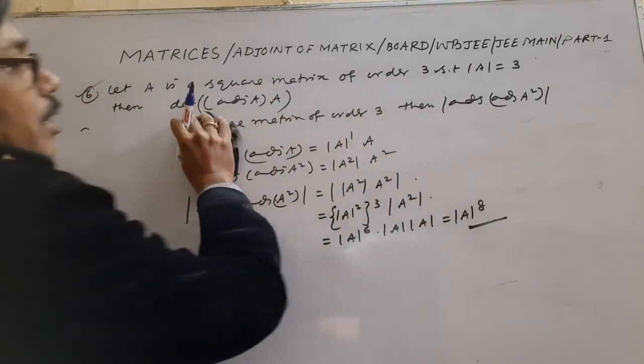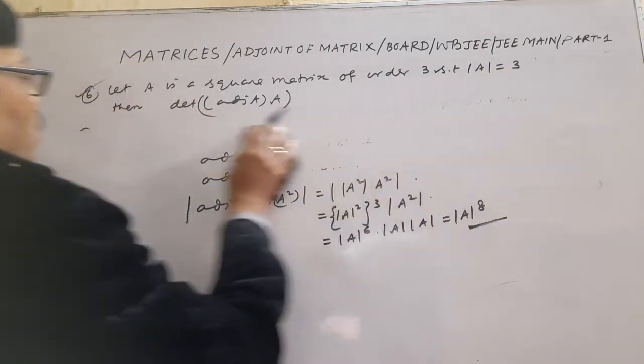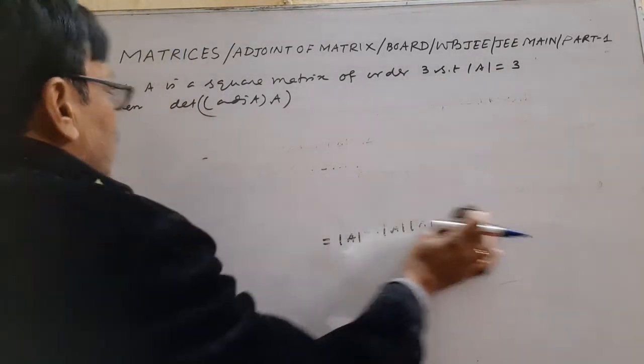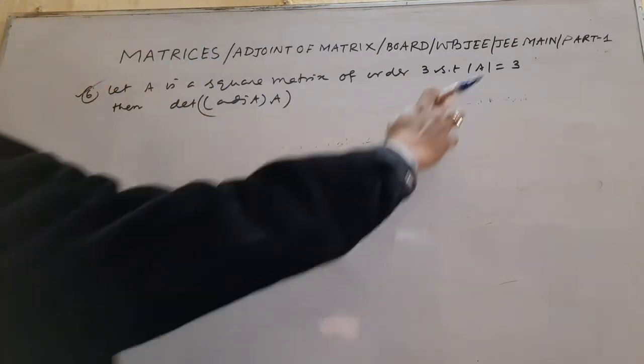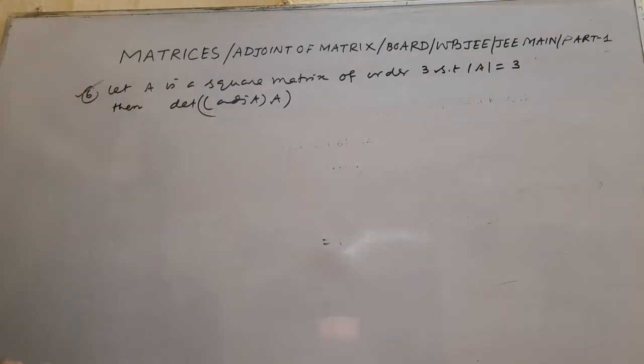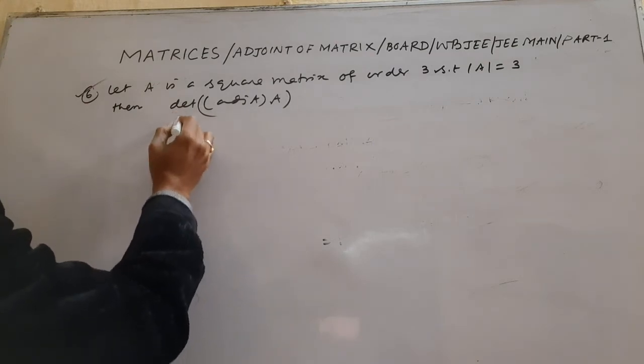Now consider problem number 6. A is a square matrix of order 3 such that determinant A equals 0. Then what is determinant of this?